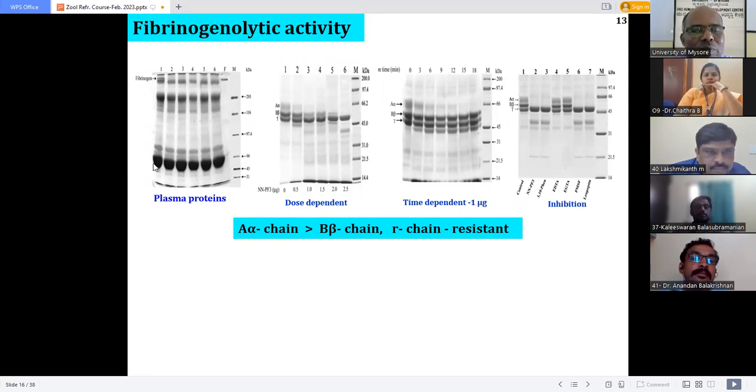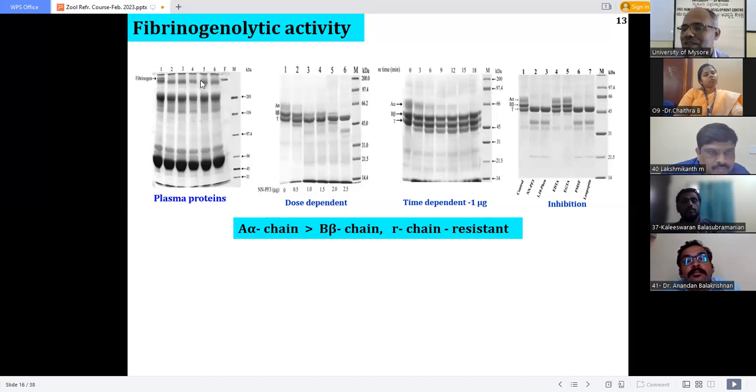Our plasma protein was treated with increasing concentration of our protease. See, look at this. This is the plasma here, and this is the loading control. We have used fibrinogen as a native loading control. This is the control, no enzyme here, 0, and with increasing concentration of our protease, you can see specifically fibrinogen is depleted.